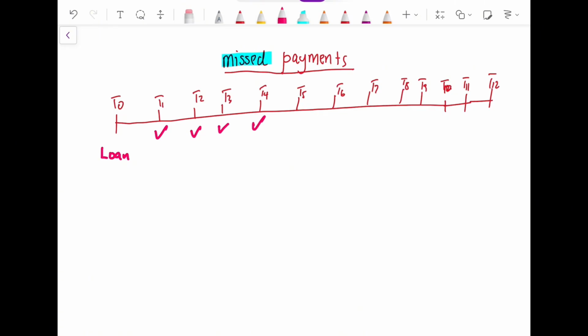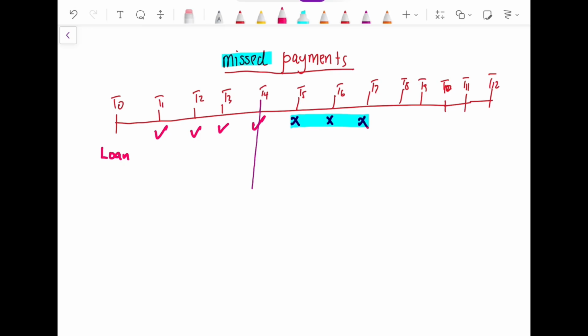And then after you have made your fourth payment, you now experience financial difficulties. And you are now unable to make your fifth payment, your sixth payment, and your seventh payment. So after missing these 3 payments, again, maybe you get a job.